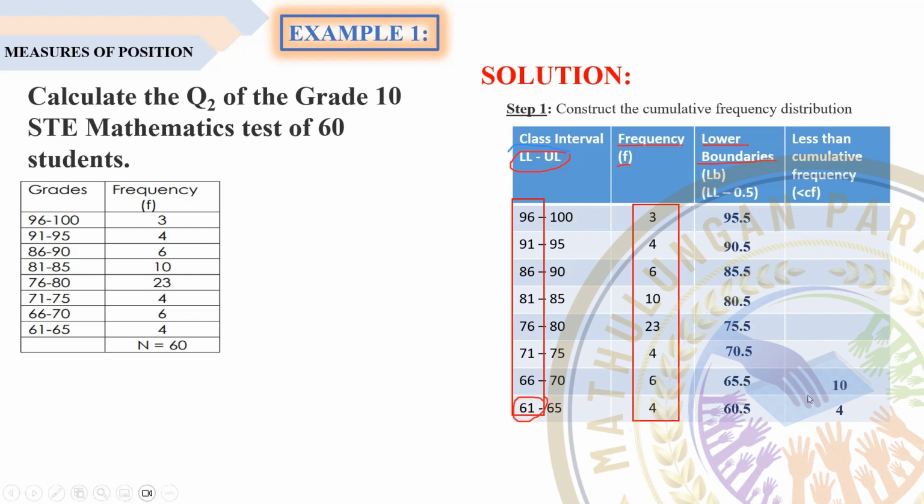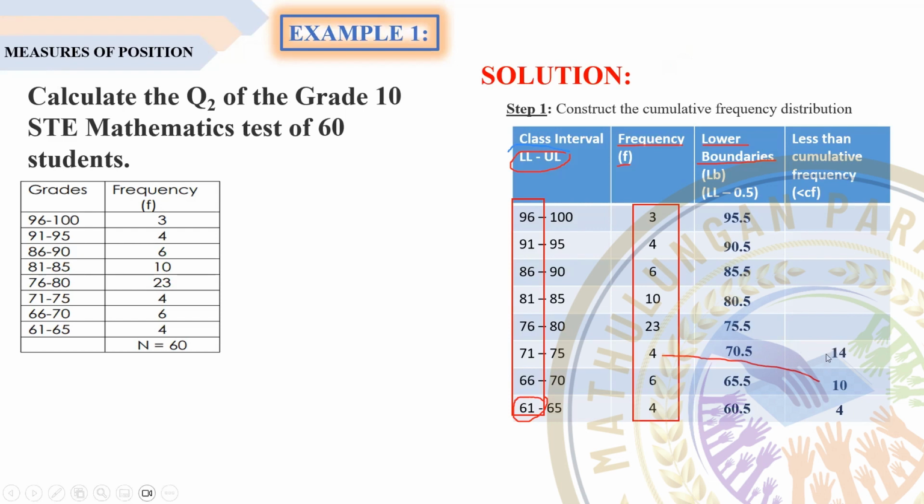Where did we get the 10? We just add the consecutive ones: the 4, since we started from 4, plus 6 is equal to 10. Then 10, the next after 6 is 4. So 10 plus 4 is equal to 14.